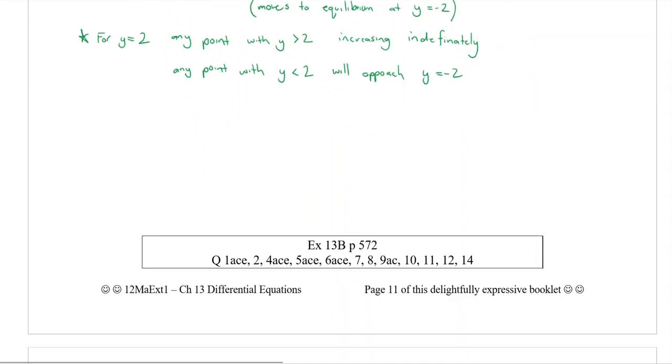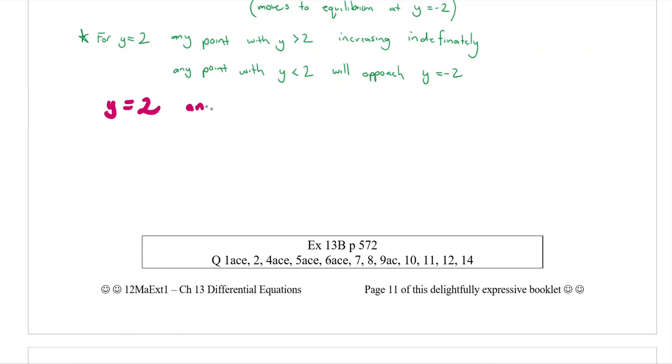So we have special names for that. We say that y equals 2, that one at the top, is what we call an unstable equilibrium, because any small change around that y value is going to send it off in different directions, right? Unstable.